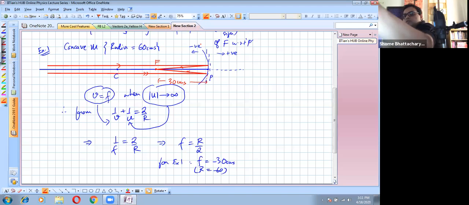Now we'll move on to the convex mirror also, and we will see over there that the center of curvature is a virtual point in the case of convex mirror. Like that, the focal point is also a virtual point.